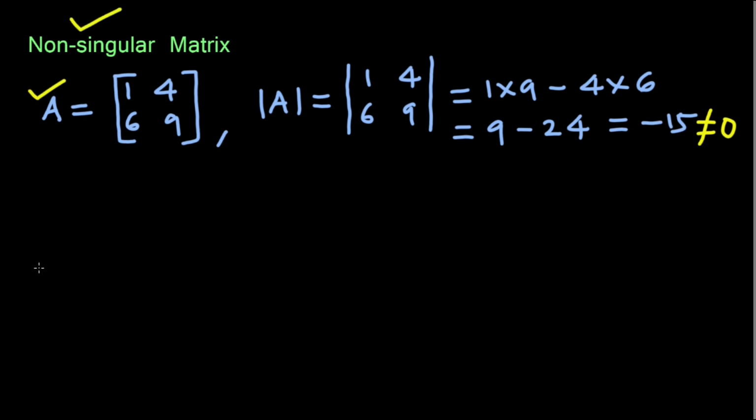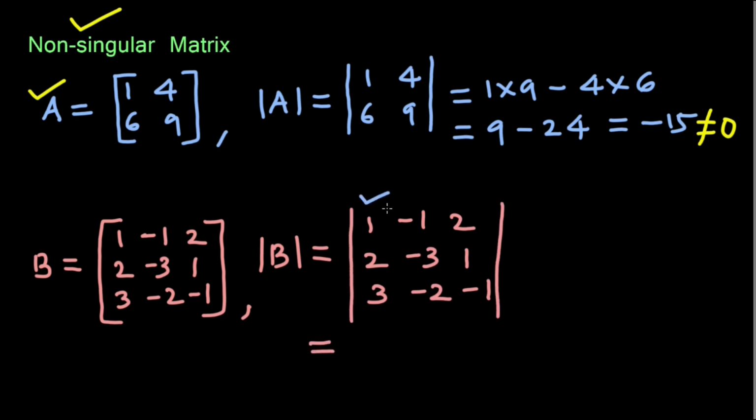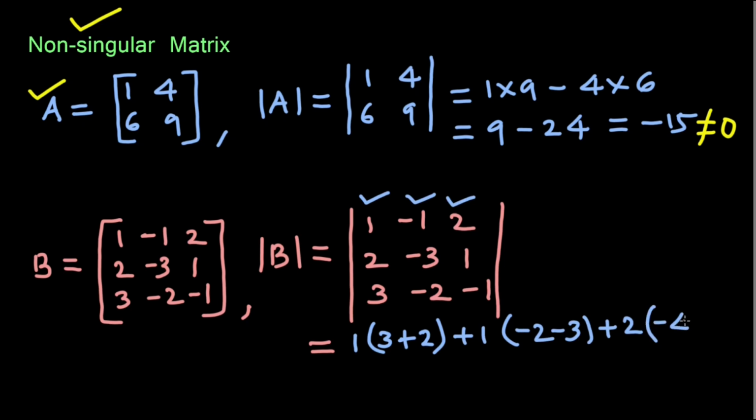Consider another matrix B, [1 -1 2; 2 -3 1; 3 -2 -1]. Its determinant will be the determinant of that matrix. Its value will be this 1 multiplied by its minor, which is 3 minus minus 2, that is plus 2, then minus, plus this one multiplied by its minor, which is minus 2 minus 3, plus this 2 multiplied by minus 4 plus 9.